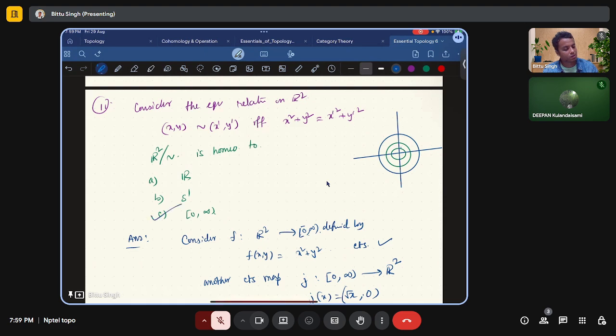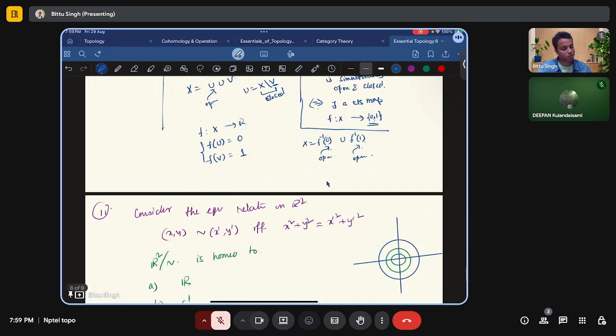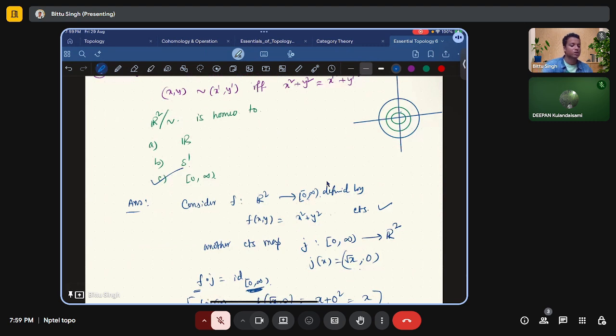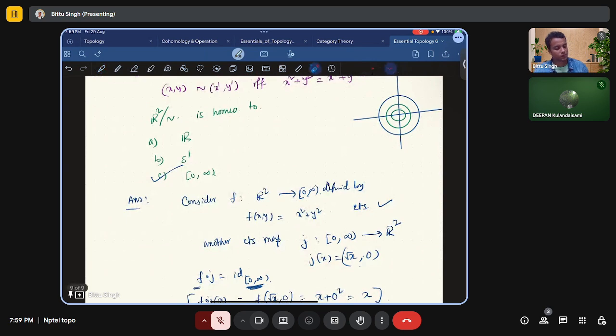So this option is correct, and earlier we observed that closed 0 comma open infinity cannot be homeomorphic to a circle. Just remove a point: removing 1 point from the circle remains connected, but here it becomes disjoint.